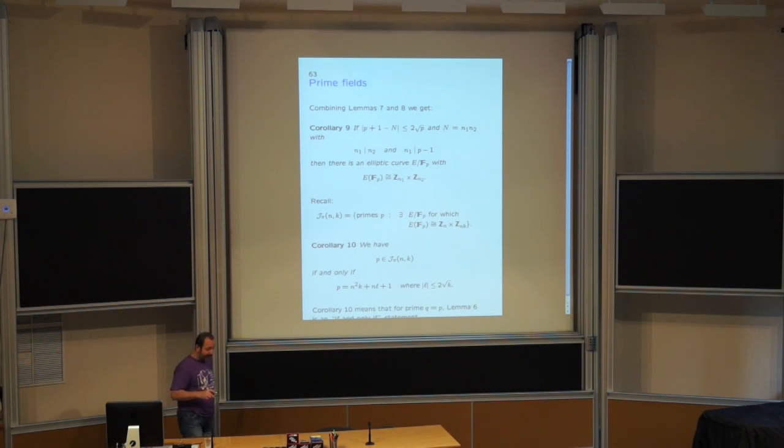So beyond this point, you don't have to know anything about elliptic curves. It's just a pure analytic number theory equation. Just count primes in this funny form. And again, this statement, this corollary 10, means that this famous lemma 6, which I already mentioned several times, is an if and only if statement.